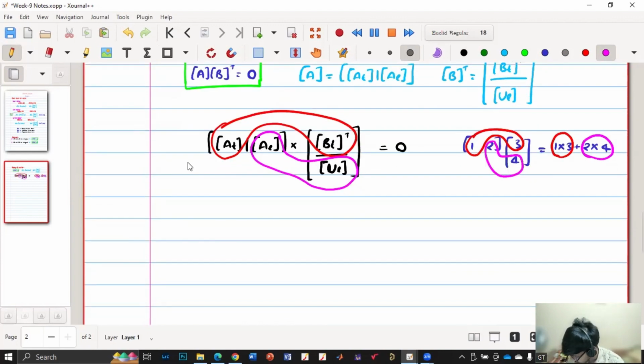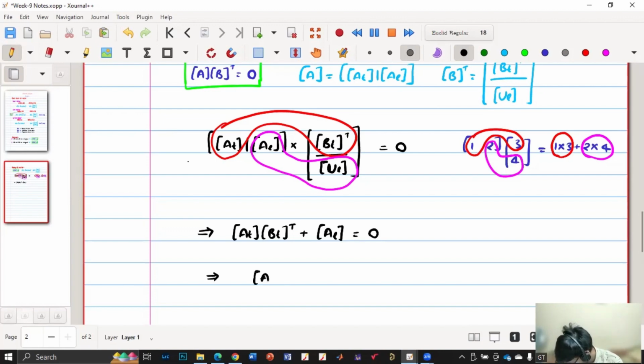So if I do that, I will be getting something like this. A twigs into B twigs transpose plus A links into U links. So identity matrix into any matrix is that matrix itself. So A twigs into B twigs transpose plus A links is equal to 0. So now we'll have A twigs into B twigs transpose is equal to minus A links.